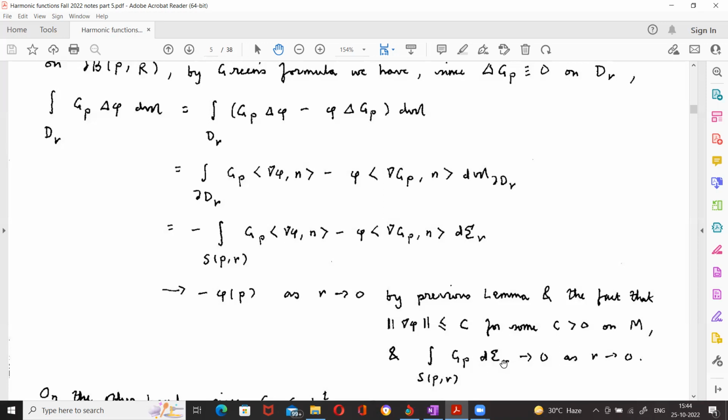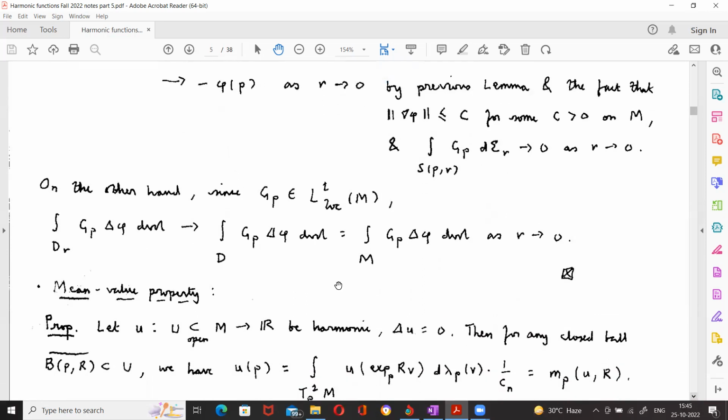So this first term is going to go to 0. And then I have a minus and a minus, that gives me a plus. So then I get the integral of phi grad g_p n, that by the previous lemma converges to minus phi of p. That's the previous lemma that we proved.